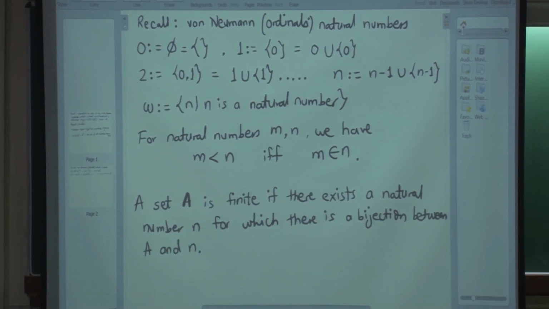A set is finite if it is in bijection with a natural number. Well, this is precisely the definition you were aware of, correct? We just formalized it more axiomatically.